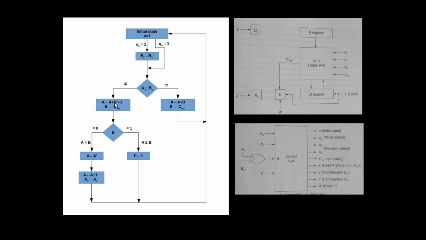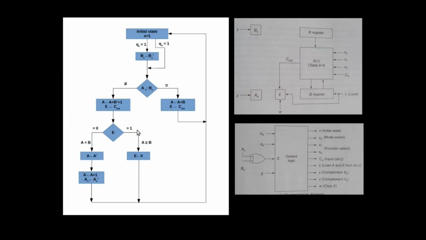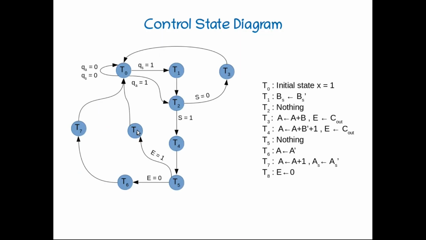Considering the magnitude only, A is greater than B, so we simply make E equal to 0 and go to the initial state. So we make another state corresponding to this block: E is equal to 0 in T8, and during the next clock pulse it will go into T0.